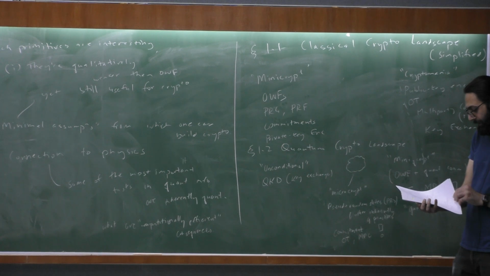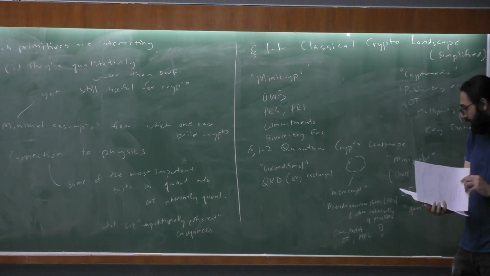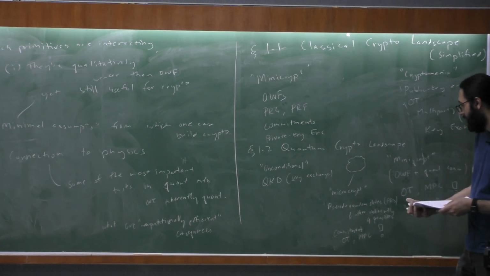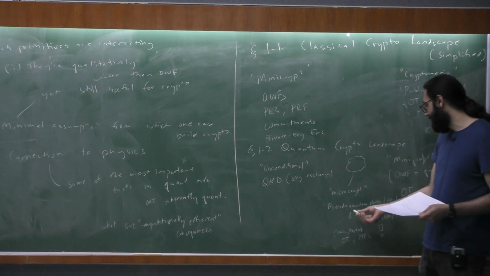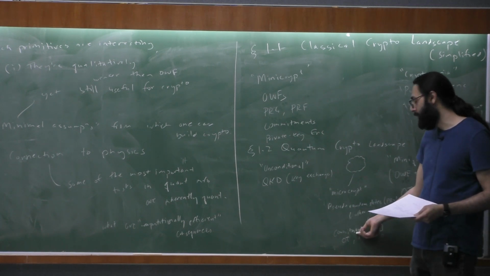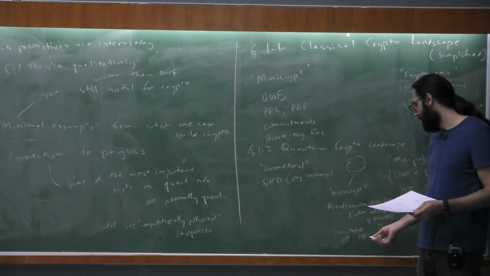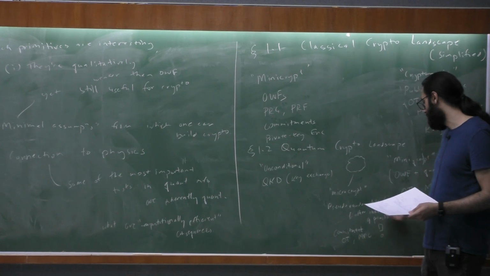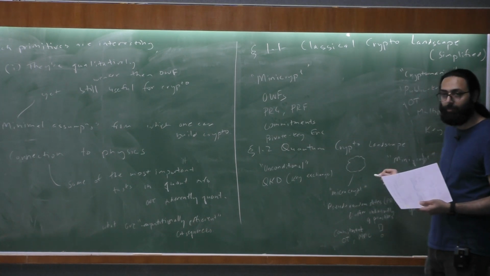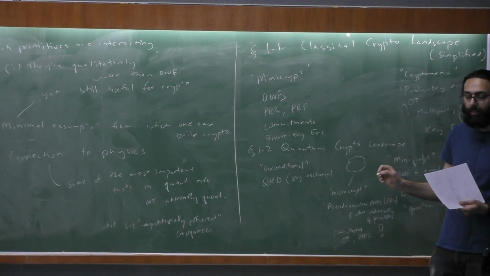Okay, so the main goal of this series is going to be to basically construct commitments from pseudo-random states. So we'll see how to do that, and we'll try to show a separation between pseudo-random states and one-way functions, an oracle separation.